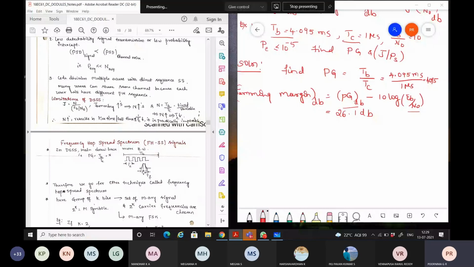If n increases, the rise and fall time increase, and TC starts decreasing. It is practically impossible. So these are the applications of direct sequence spread spectrum with BPSK or without BPSK.